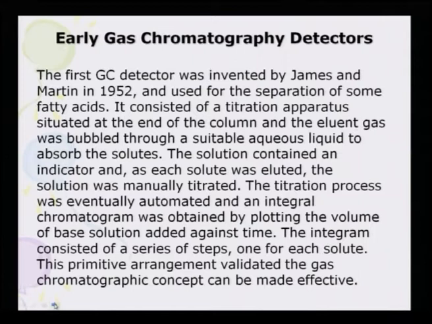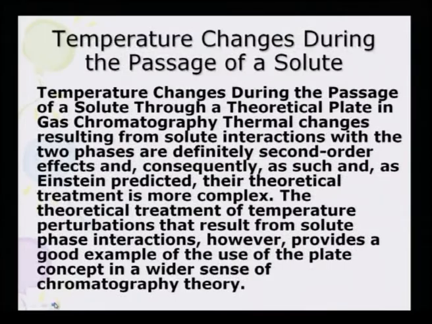The titration process was eventually automated, and an integral chromatogram was obtained by plotting the volume of the base solution added against the time. The integram consisted of a series of steps, one for each solute. This is a primitive arrangement. However, this is how gas chromatography started. So, you see, over a period of time, with the invention of new techniques, with more innovation into the machine, a lot of things have got automated.